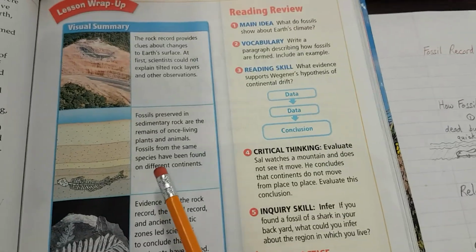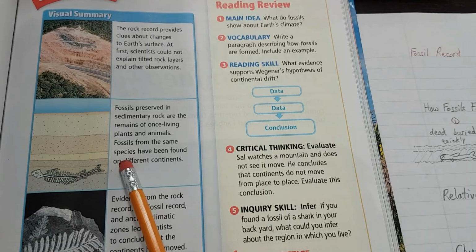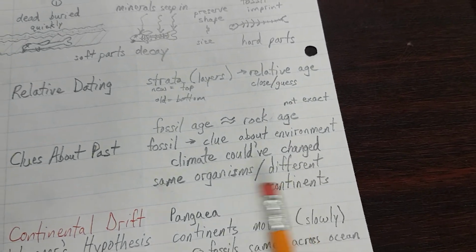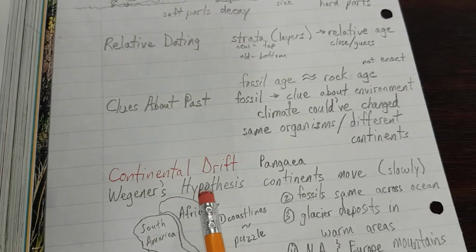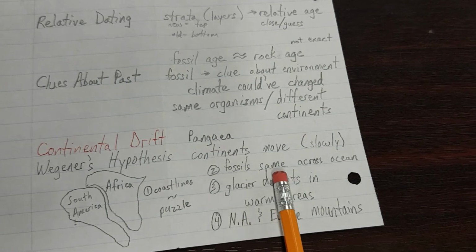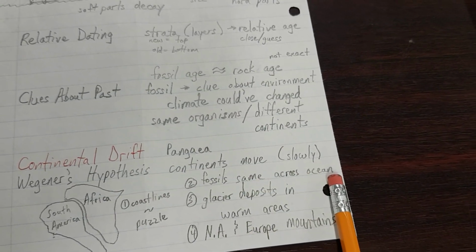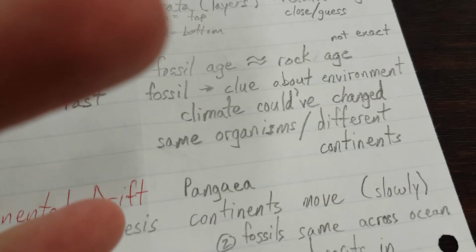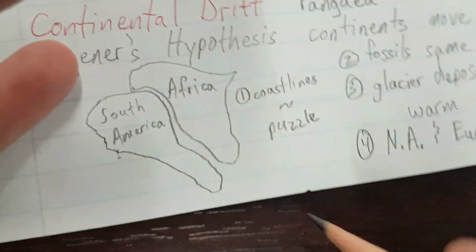So, fossils of the same species, or the same organisms, are being found on different continents. And that helped lead to Wegener's hypothesis. It was the part about fossils are the same across the ocean. So you could have the same organism. Let's actually draw a little picture here.